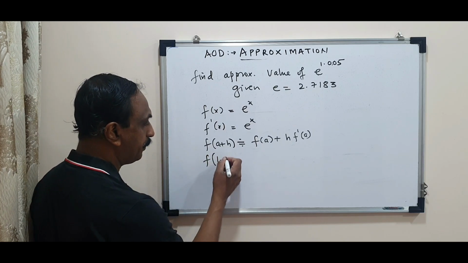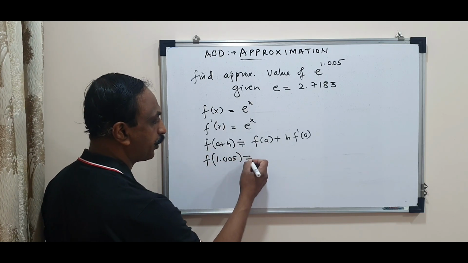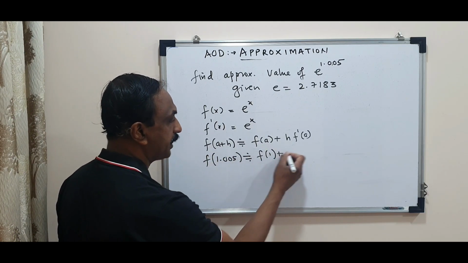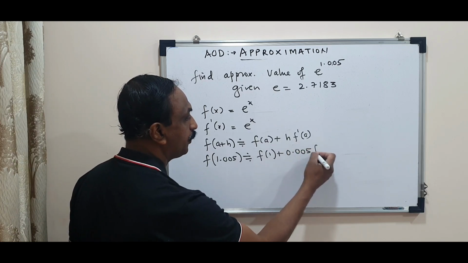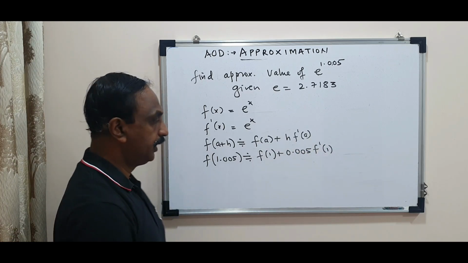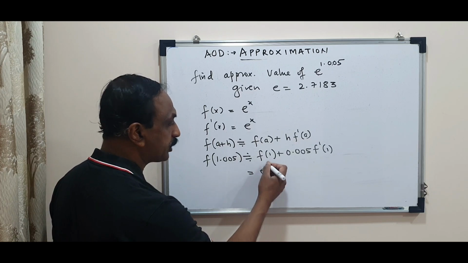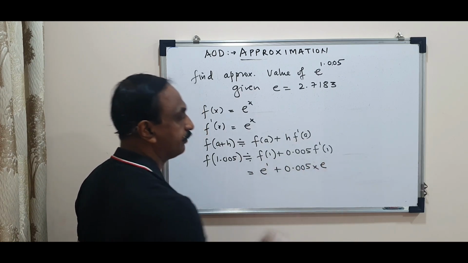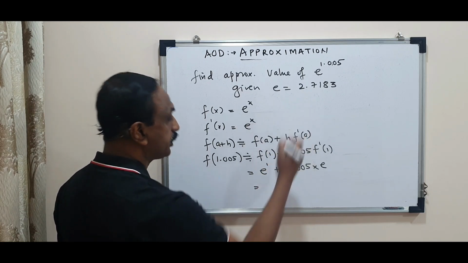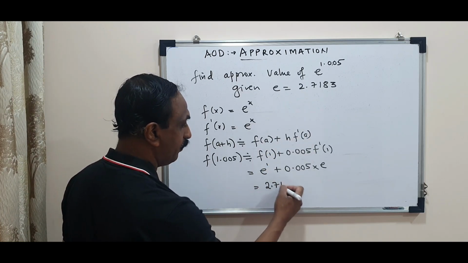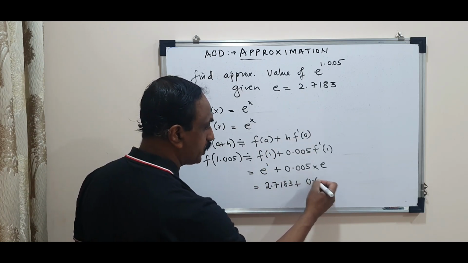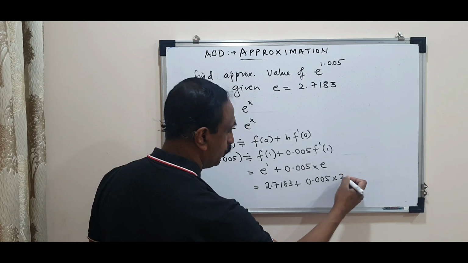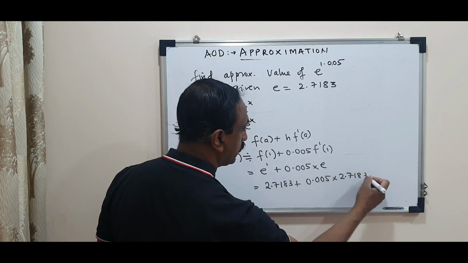So f of 1.005 is approximately equal to f of 1 plus 0.005 into f dash of 1. Now f of 1 is e raised to 1, plus 0.005 into e, where e is 2.7183, plus 0.005 into 2.7183.